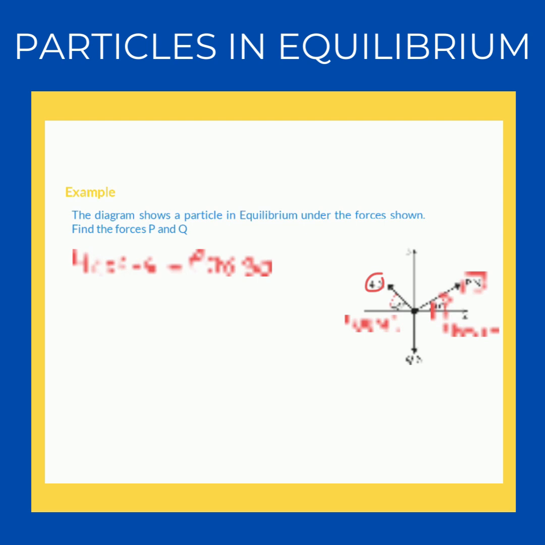The forces acting on the particle on the right hand side are equal to all the forces acting on the particle on the left hand side. So P cosine 30 is equal to 4 cosine 45. Now what's P? We just have to divide by cosine 30. P is 4 cosine 45 divided by cosine 30. Now let's calculate that. It's cosine 45 times 4.